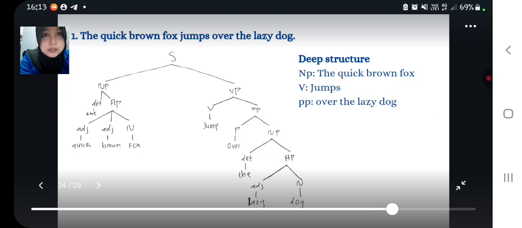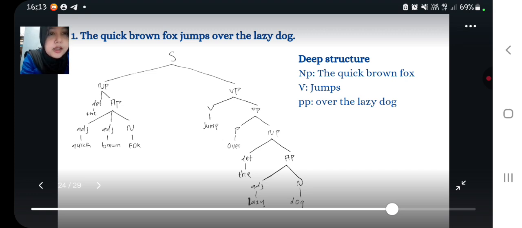First question, the sentence is the quick brown fox jumps over the lazy dog. There are noun phrase and verb phrase. The noun phrase contains determiner the, and adjective phrase, adjectives quick and brown, and noun fox. The verb phrase contains verb jumps, and prepositional phrase.